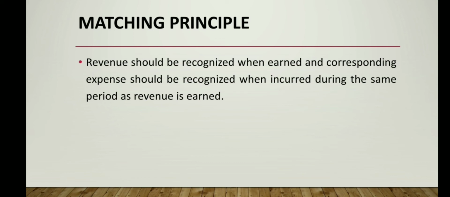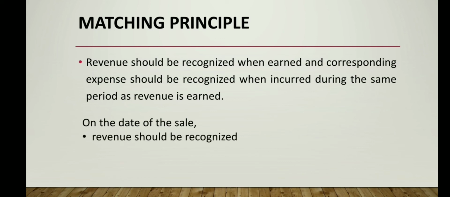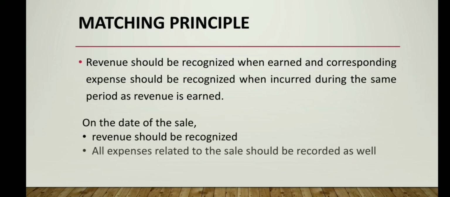So for example, the business sold some of its products to customers. So on the date of the sale, the business will record the revenue or the income earned from that sale. And then in addition to that, all expenses related to the sale of those products should also be recorded.